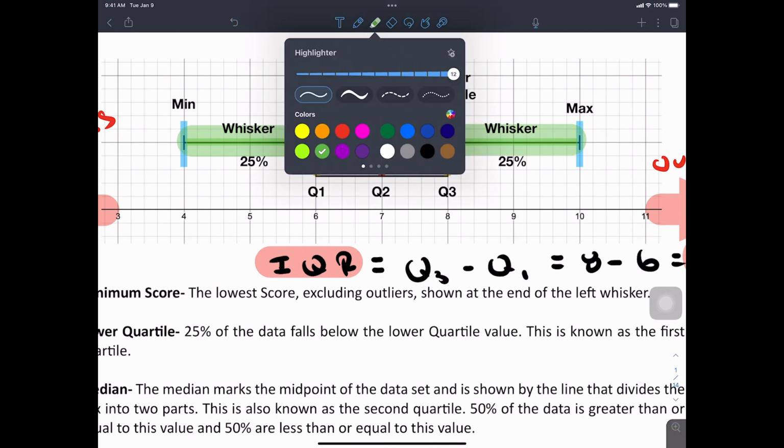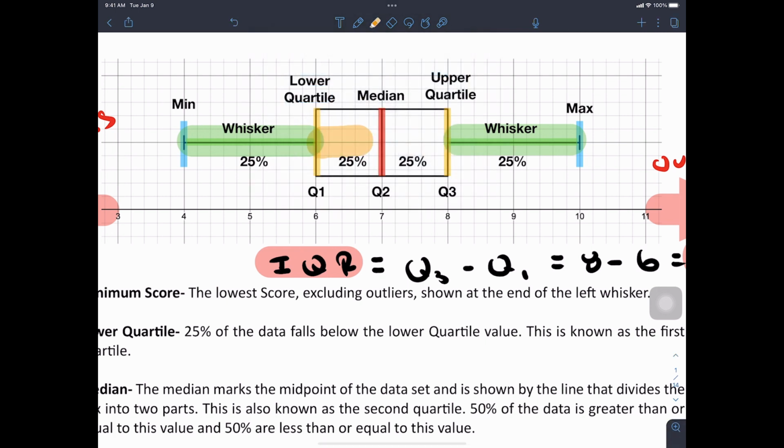I'm even going to point out that the distance between Q1 and Q2 is the same as the distance between Q2 and Q3. So this is a picture of a box plot that is symmetric. The left whisker is the same distance as the right whisker, and the distances between Q1 and Q2 and between Q2 and Q3 are also the same.